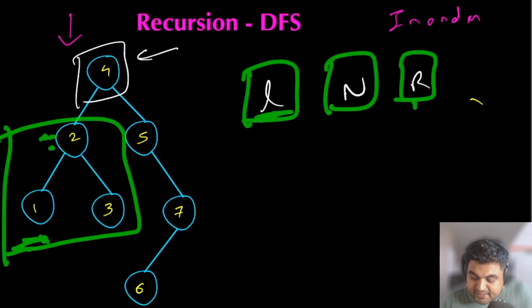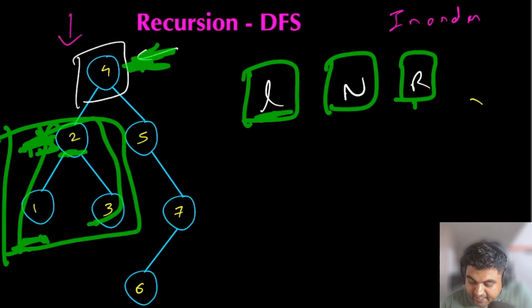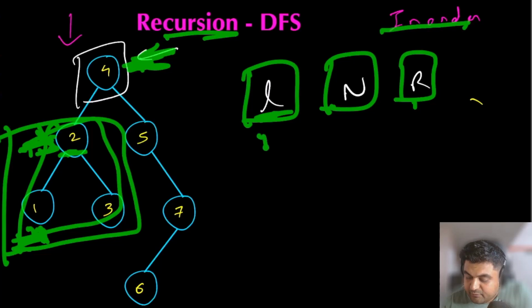So whatever we were implementing for the root node, now we are going to treat this node number 2 as our root node, stating that even for this entire subtree, if it were a tree on its own and we had to use in-order traversal, we would use this logic of left, node, and right.